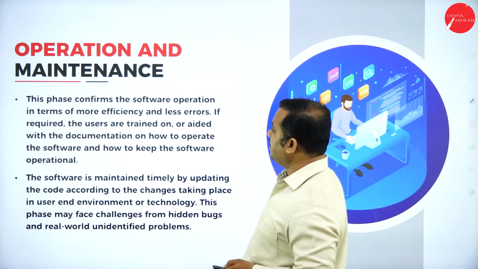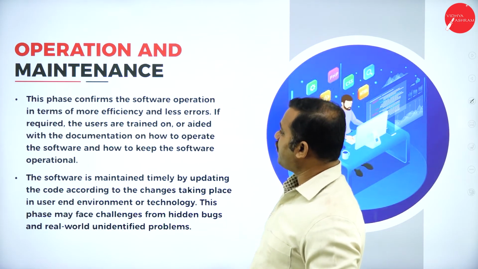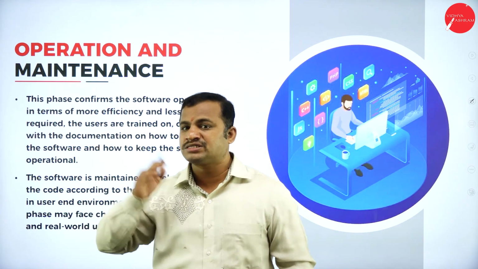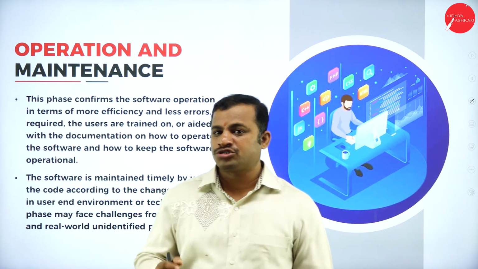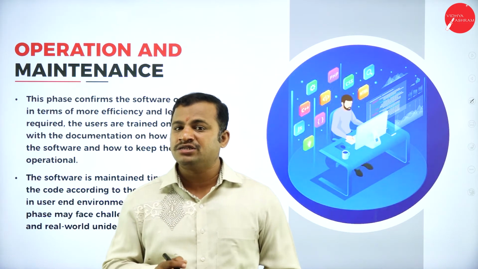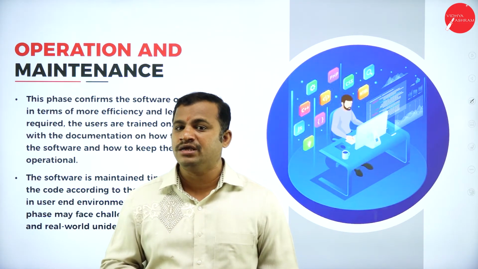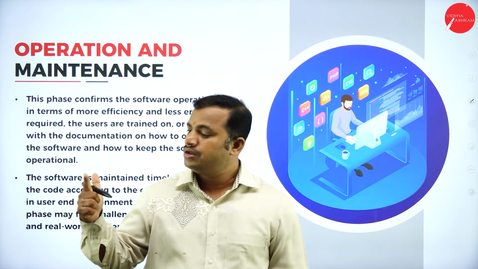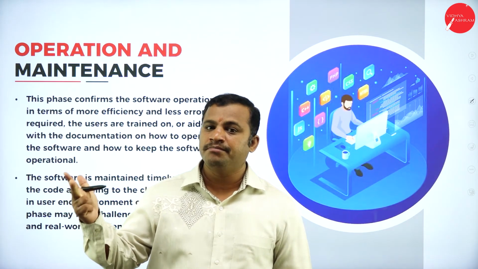Then operation and maintenance. As I have already told you in the previous session, I was talking about a very good characteristic of a software development lifecycle: first one operational, second one transitional, third one maintenance.